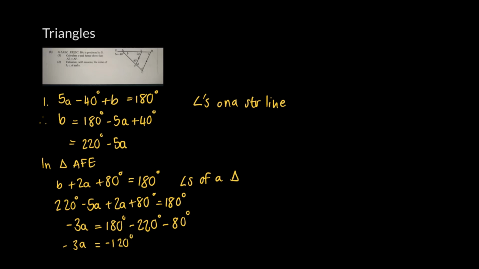And if we divide both sides by negative 3, we're going to get that A is equal to 40 degrees. And then we can plug that back into what we know. So now we know that A is equal to 40 degrees. Therefore, we can go angle E is equal to 2A, which is equal to 2 multiplied by 40 degrees, which is equal to 80 degrees.